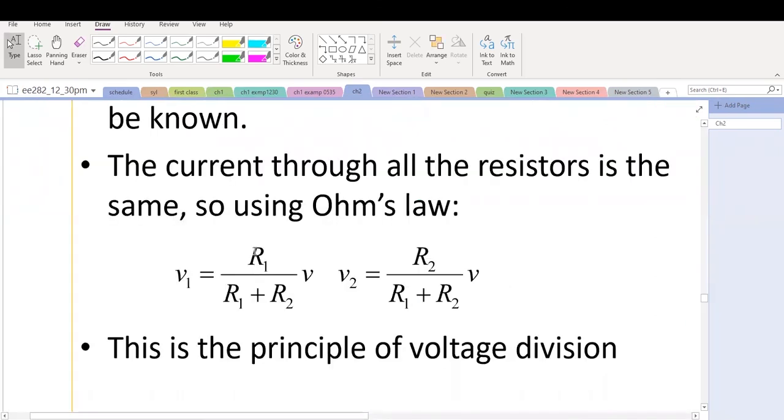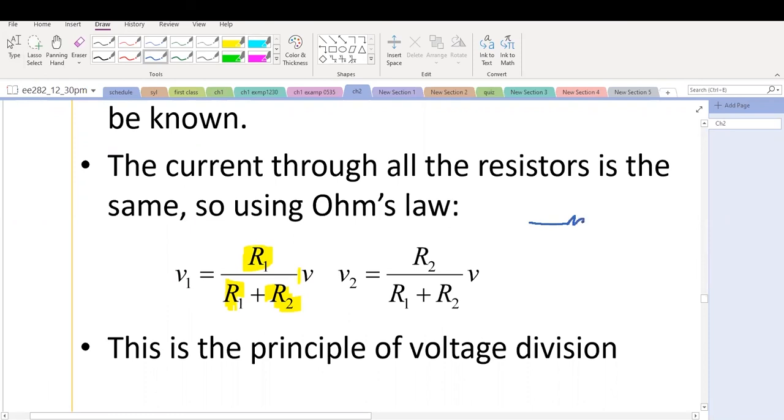A special case is that we only have two resistors in the loop, here only R1 and R2. So the voltage on R1 will be R1 divided by R1 plus R2 multiplied by V.